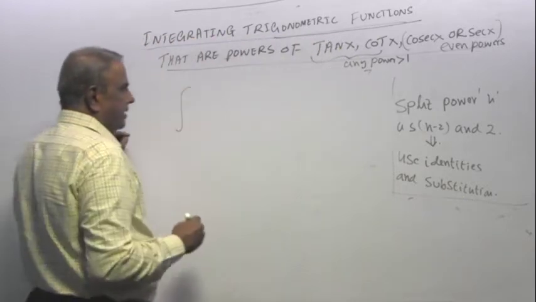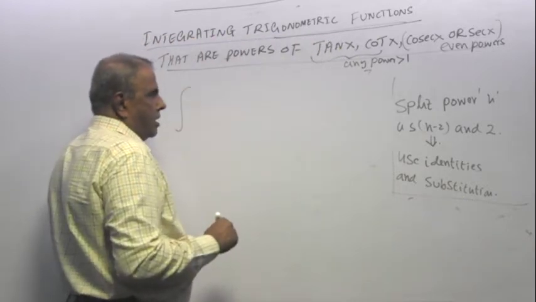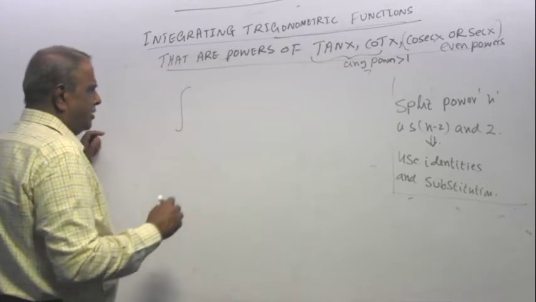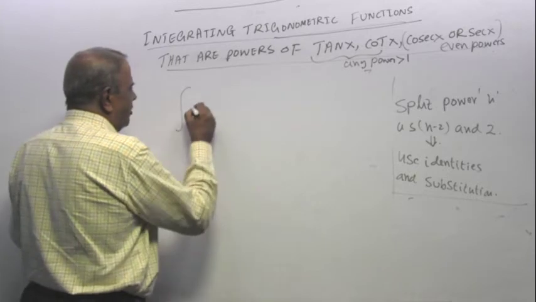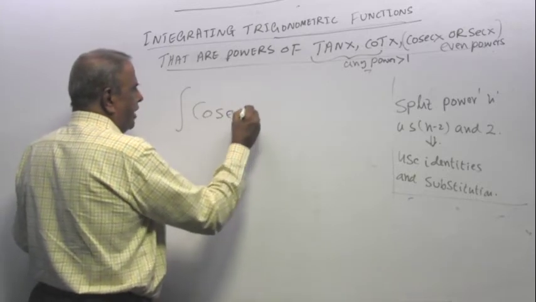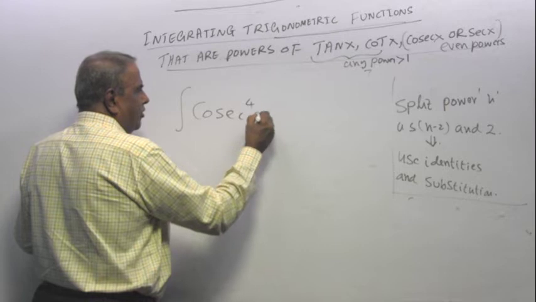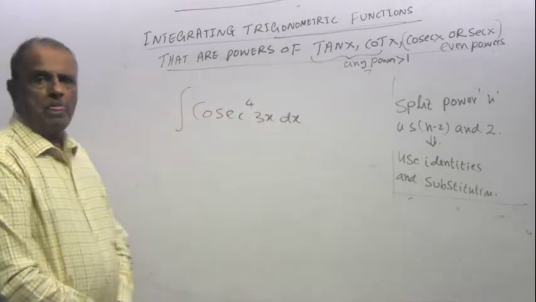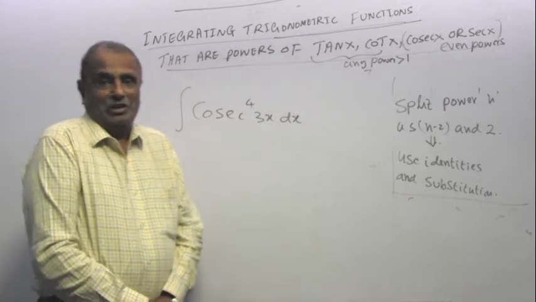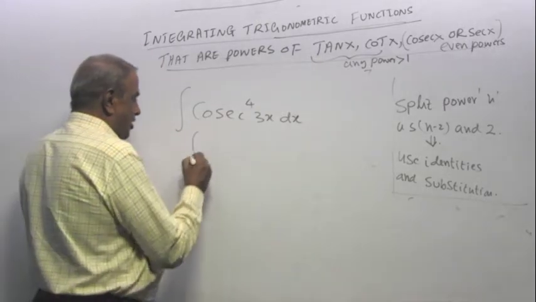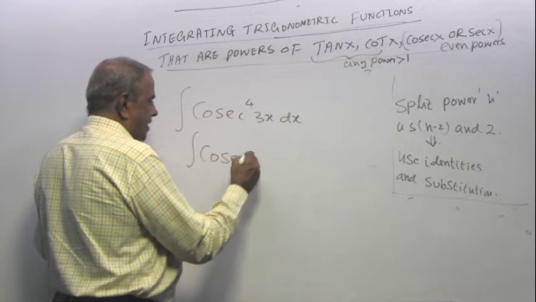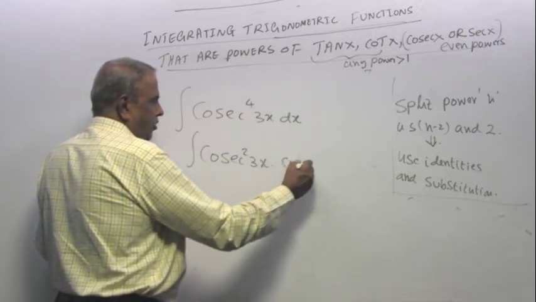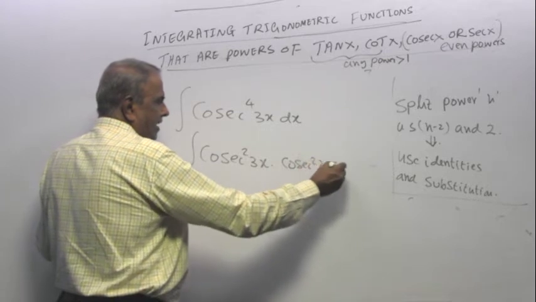So the integral, is there anything I can do? Oh yeah, I haven't done cosec. So the integral of cosec power 4 of 3x dx. Split. That's all. So cosec squared 3x times cosec squared 3x dx.